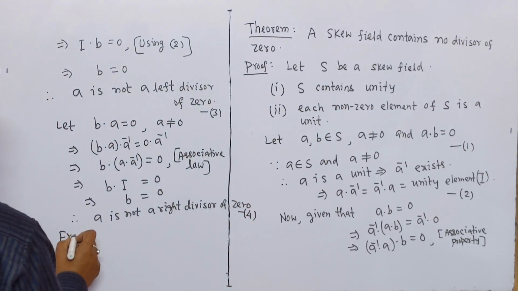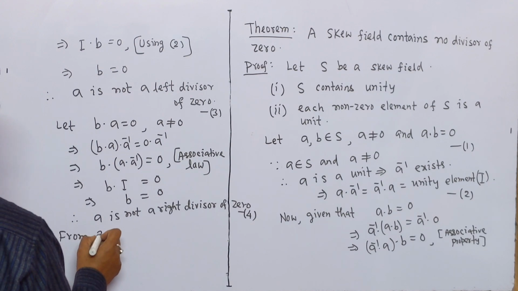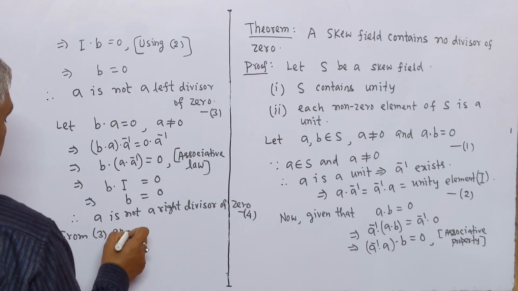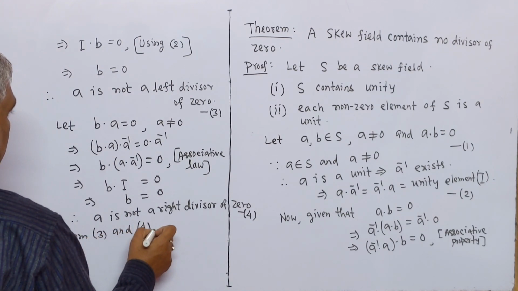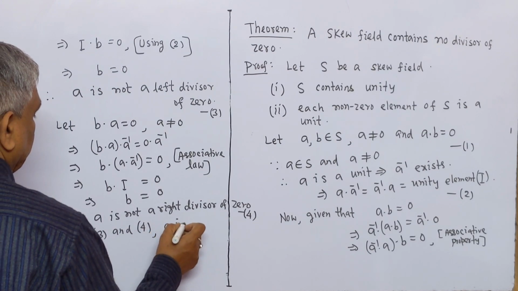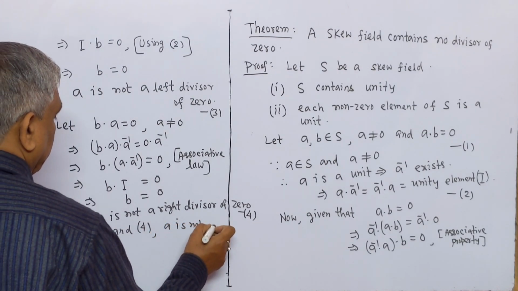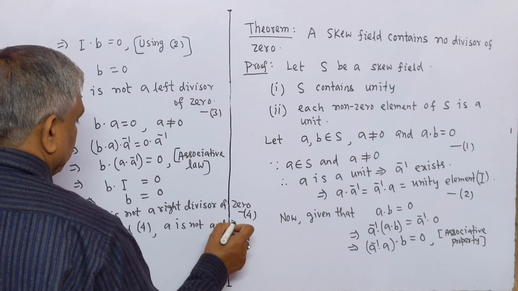This is number 3 and this is number 4. From 3 and 4, A is not a divisor of 0.